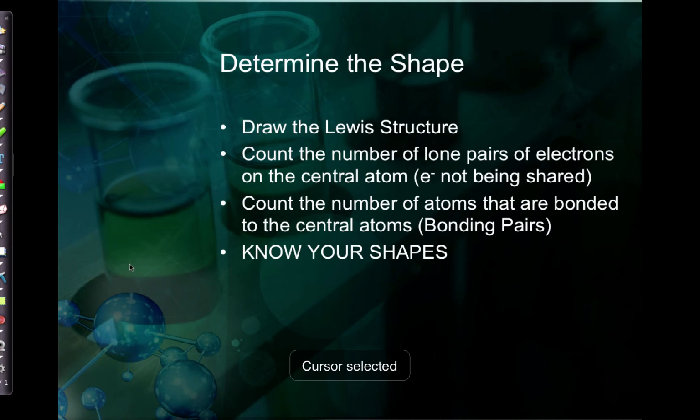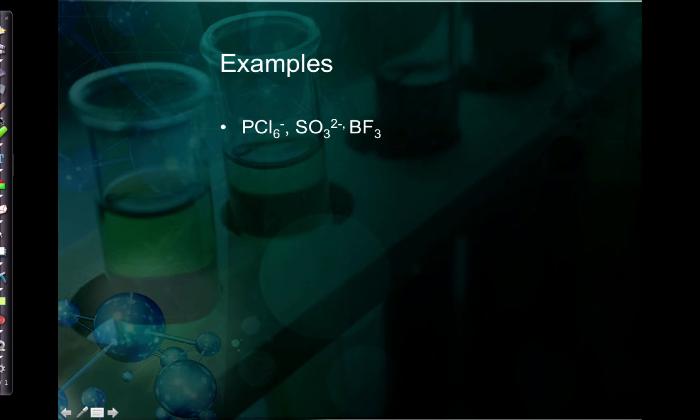All right, so let's look at this molecule first: PCl6 with a -1 charge. First of all, I can see already this is an expanded octet because it has more than 4 atoms bonding to the central atom. That means the phosphorus is going to have more than 8 electrons on it, and that's possible because it's in the 3rd energy level or below.